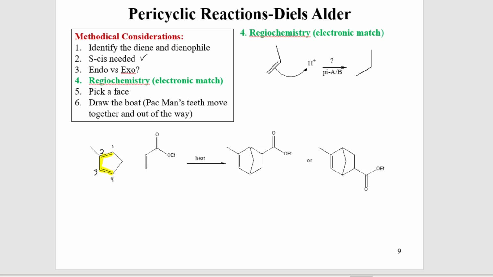Okay. Now I'm going to identify the dienophile. There it is with its electron withdrawing group appendage on it. And I'm going to label it 5 and 6. And if I was super lazy, I'm just going to label it like this.